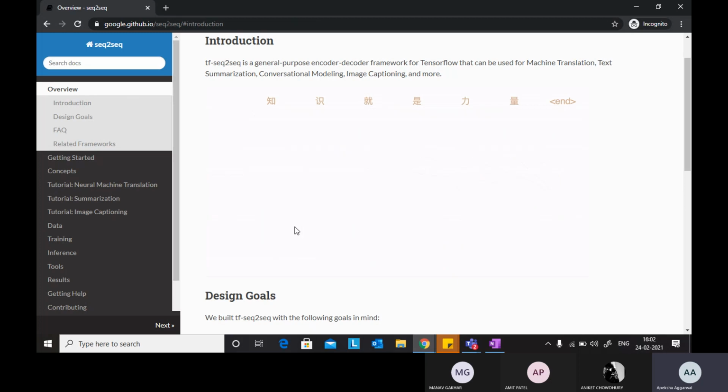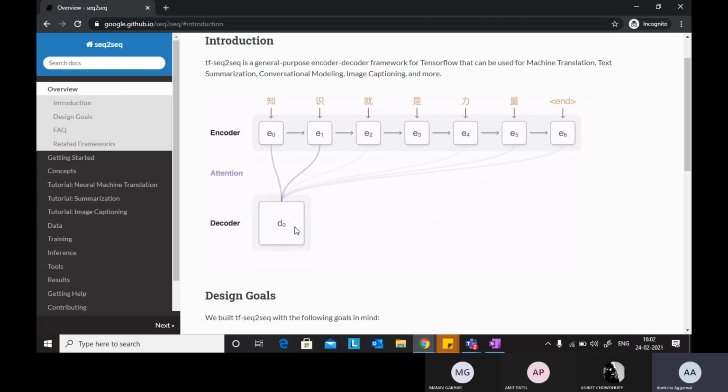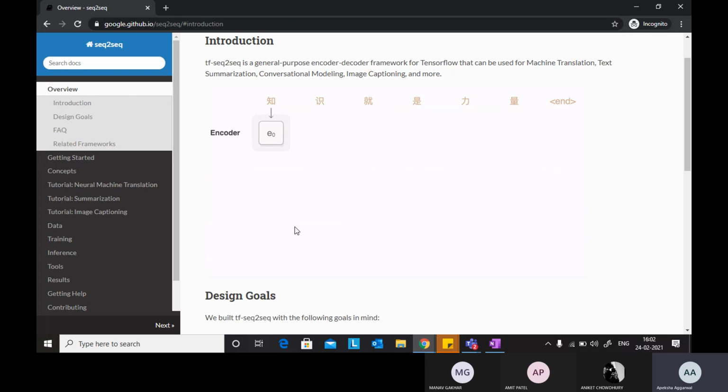This is the overall working of a sequence to sequence model, a simple example of machine translation. In upcoming lectures, we will look at machine translation in detail, and we will check out statistical and neural machine translation.